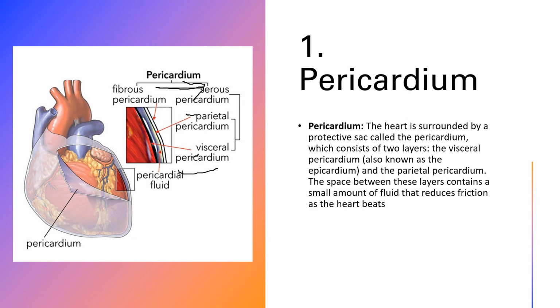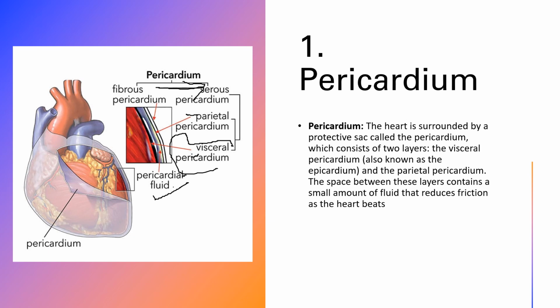There is a space between these two layers, which we call the pericardial space, and there is a fluid present between these layers, which we call the pericardial fluid. This reduces friction as the heart beats.